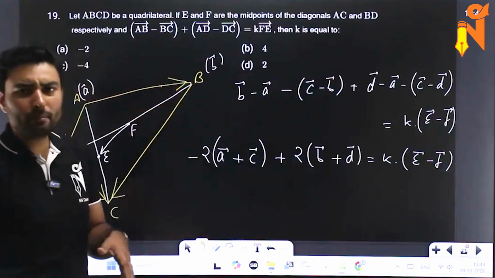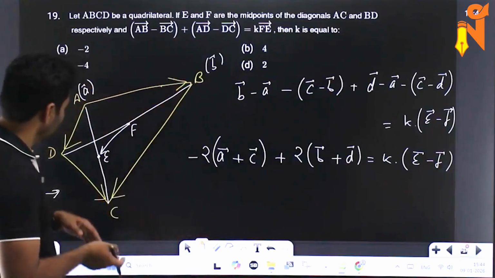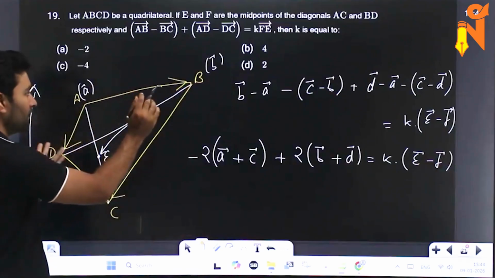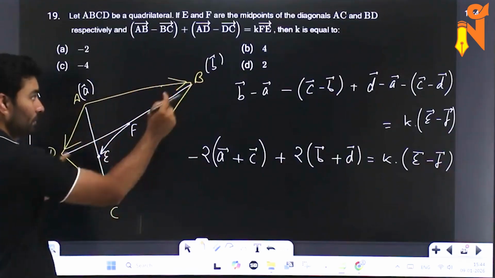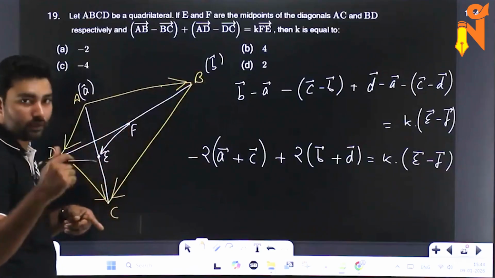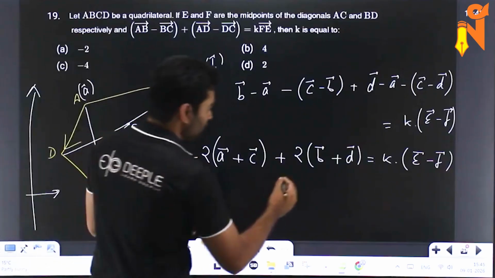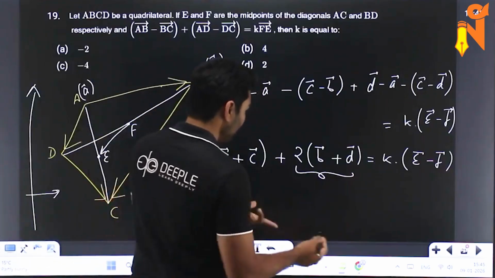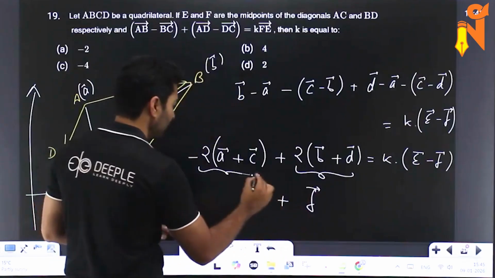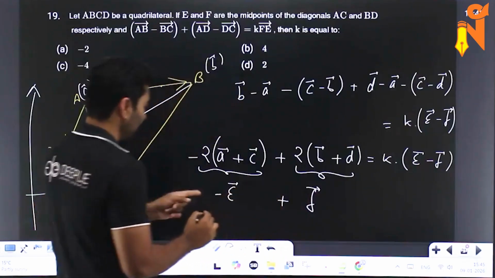Now what is B plus D? B here, D here, if you know the basics of a position vector, B plus D by 2 is actually F vector, small f, position vector. So this whole is equal to F vector, plus this whole is equal to E vector, minus E vector, because minus here.